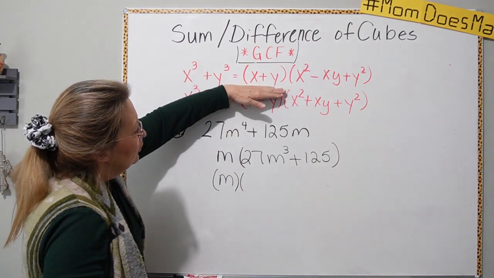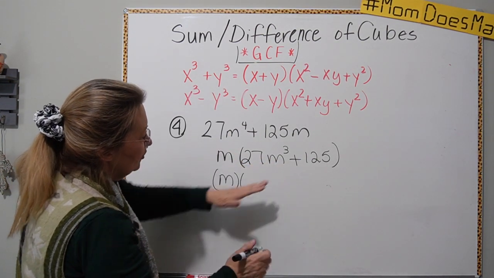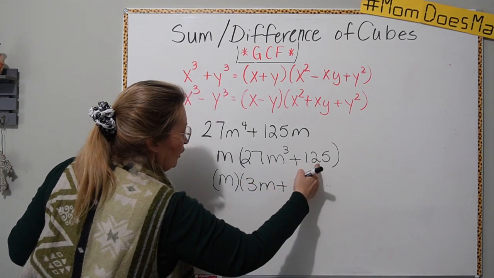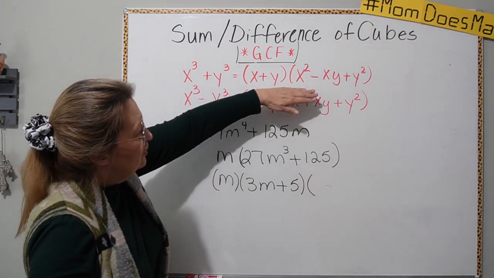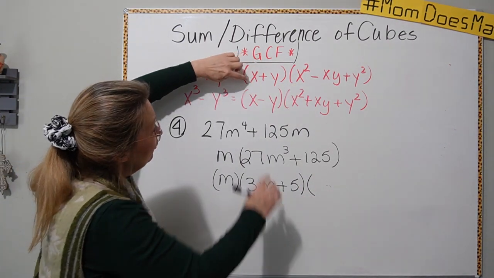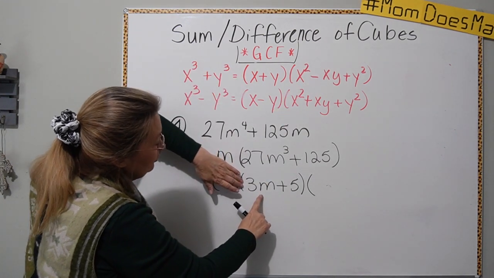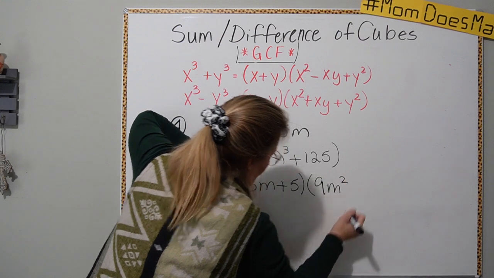Now I need the root of both of these numbers. Well, the cube root of 27m to the 3rd is 3m. The cube root of this is 5. Okay, continuing on with my formula, now I want to take that root and square it. So I'm looking at this root squared is 9m squared.